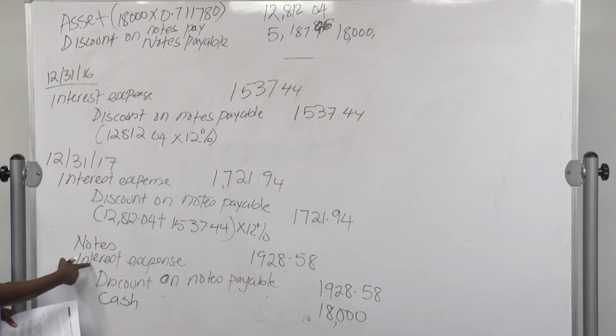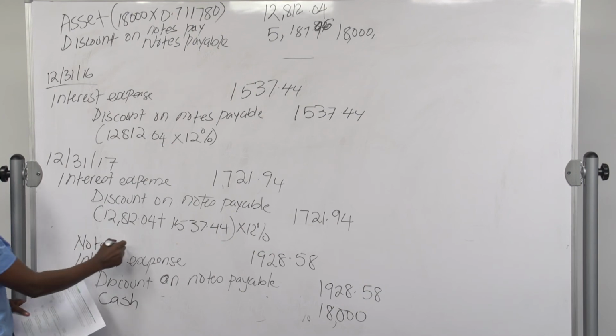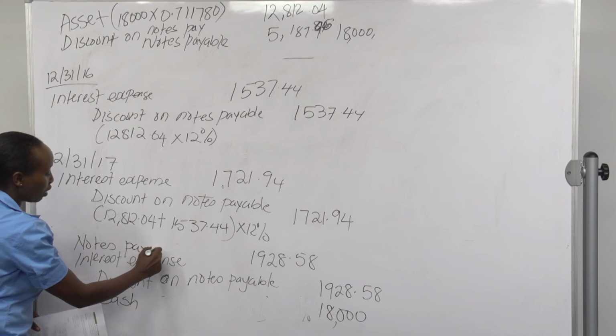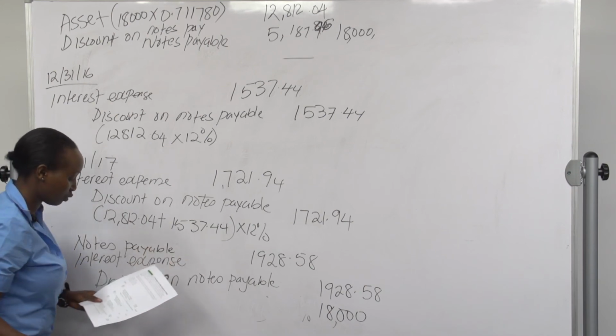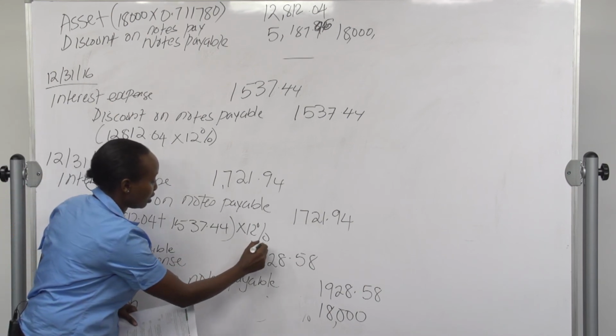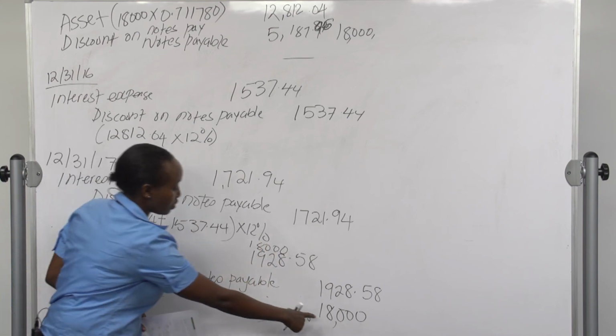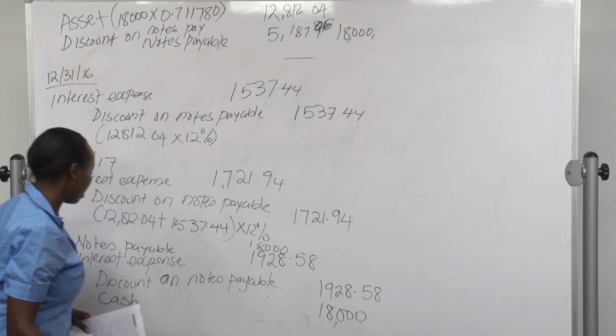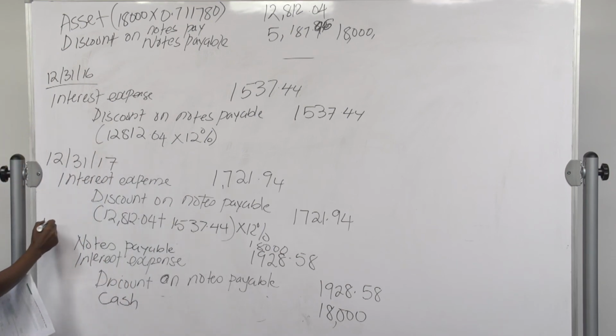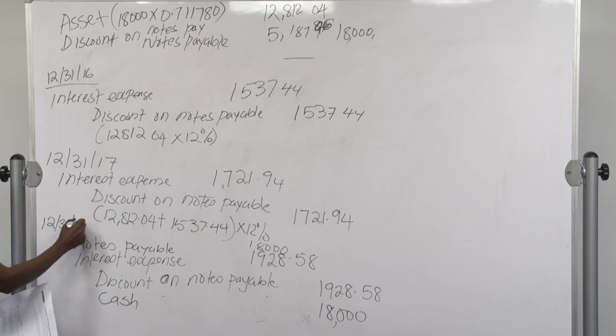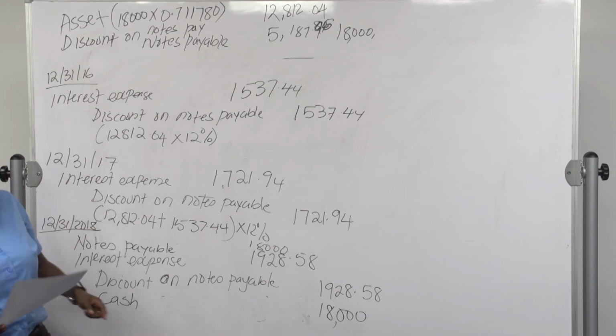I'm just combining the interest transaction with the settlement transaction. So notes payable of 18,000 on the debit side, and 18,000 of cash outflow on the credit side, on December 31st, 2018, when the note matures.